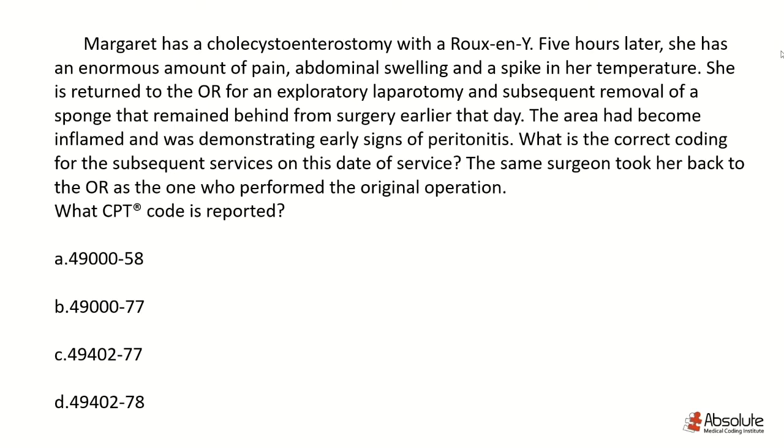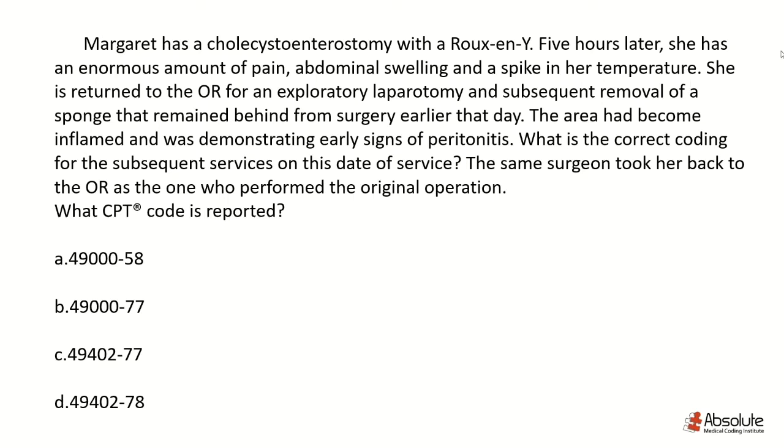Okay, we have A 49000 modifier 58, B 49000 modifier 77, C 49402 modifier 77, D 49402 modifier 78. Margaret has a cholecystoenterostomy with a Roux-en-Y. 5 hours later, she has an enormous amount of pain, abdominal swelling, and a spike in her temperature.